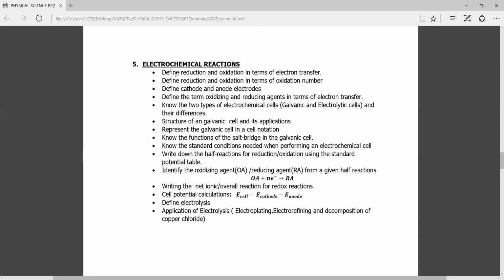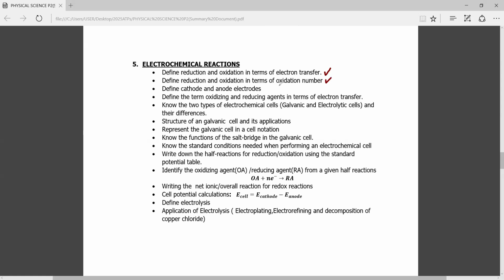Number one, you must be able to define reduction and oxidation in terms of electron transfer, and also in terms of the oxidation number.